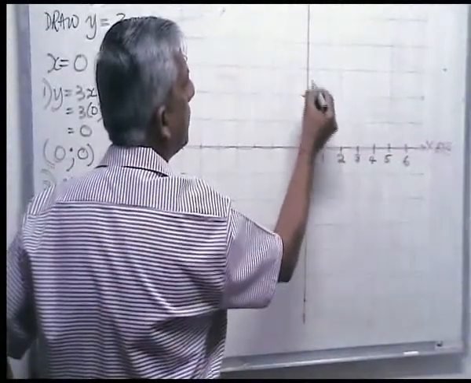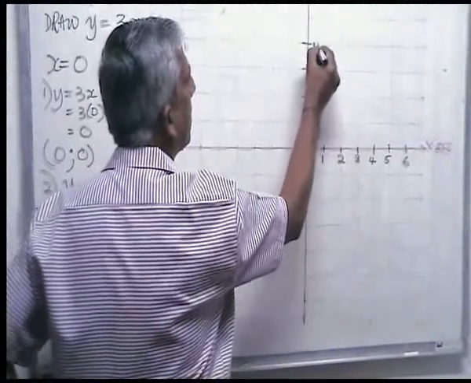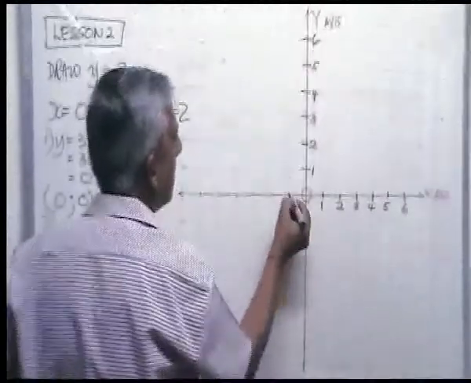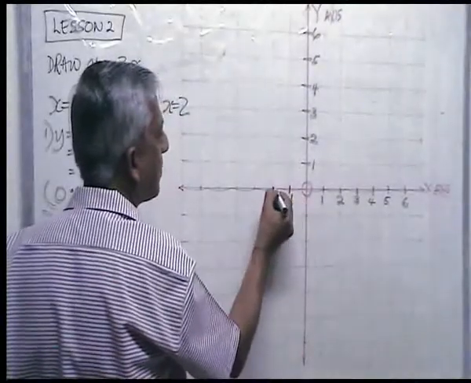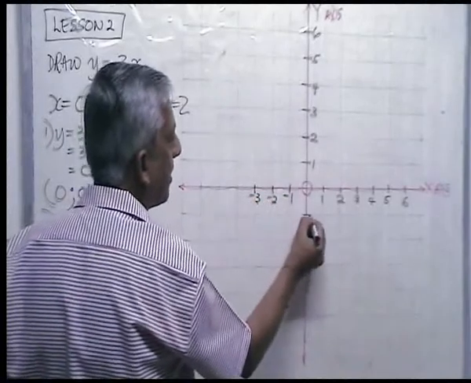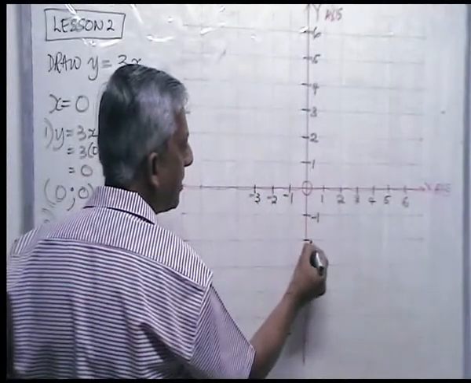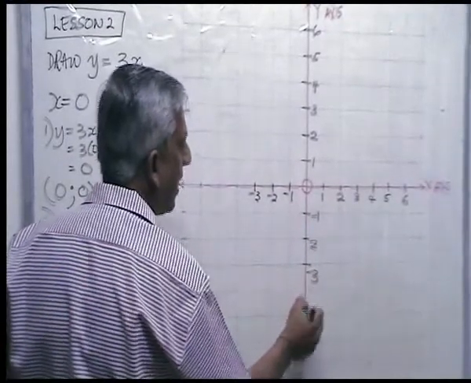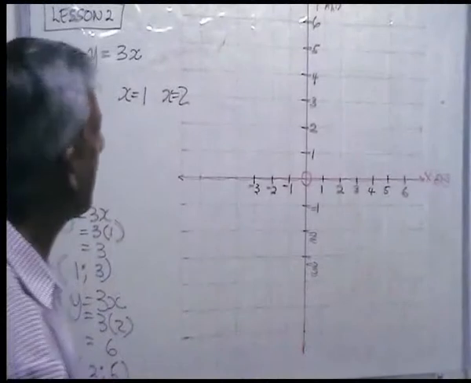And 1, 2, 3, 4, 5, 6. On this side we've got -1, -2, -3. And down here we've got -1, -2, -3, and so on.